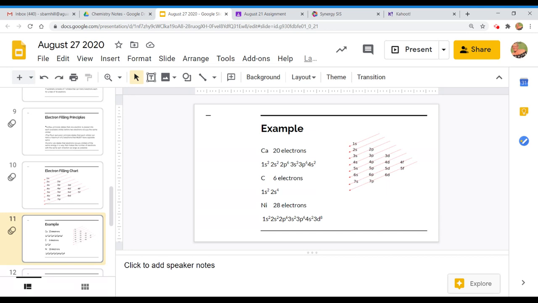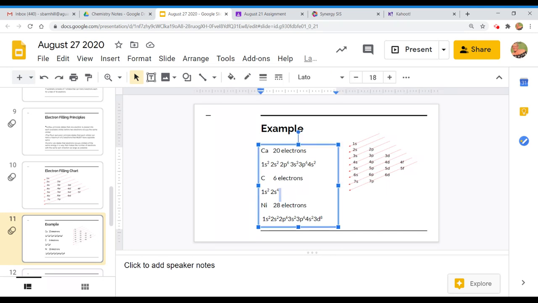Oh, I am so wrong. I made a mistake. 2s cannot hold 4. That should be 2.